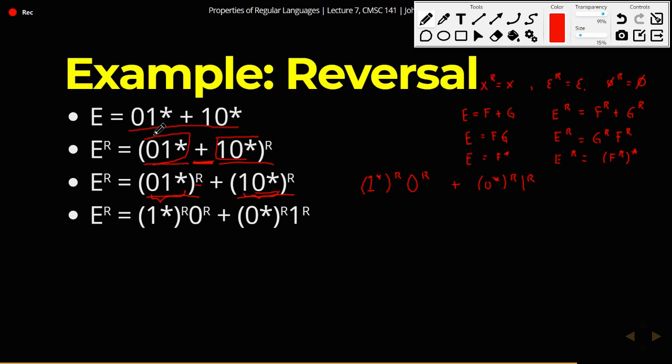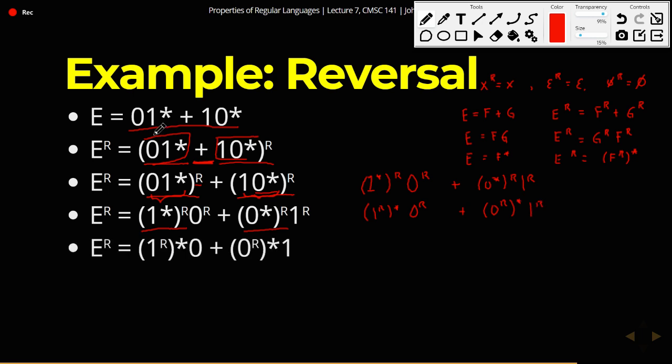Okay, and then next we will also simplify the closure expressions. If it's a reversal of a closure, then you just take the reversal first. So this becomes 1 reversed and then closure, 0R. And for this one, that would be 0 reversed, take the closure, then 1 reversed, right?